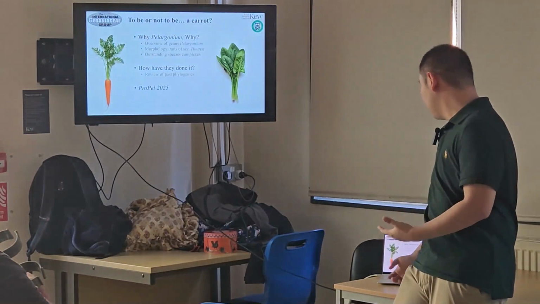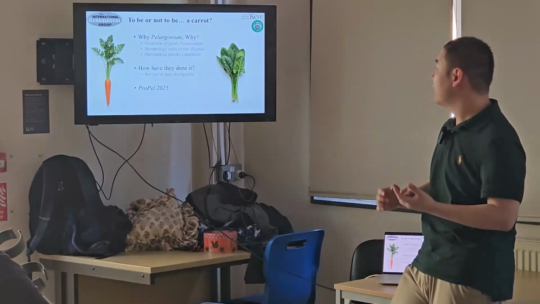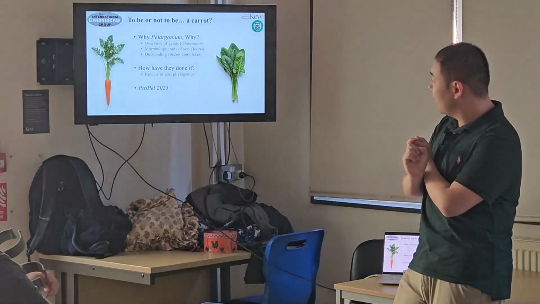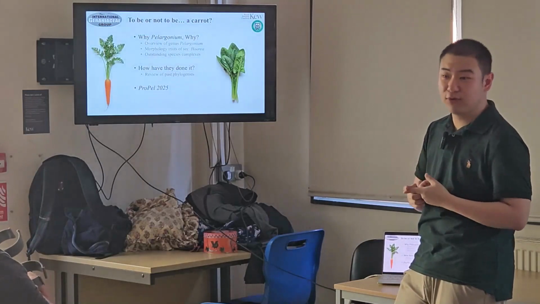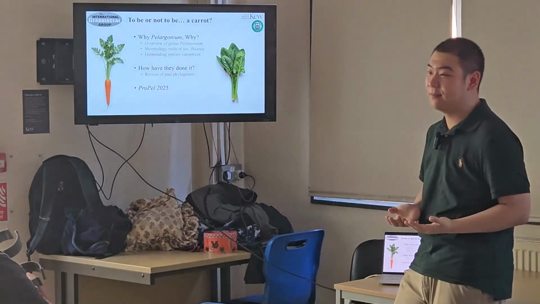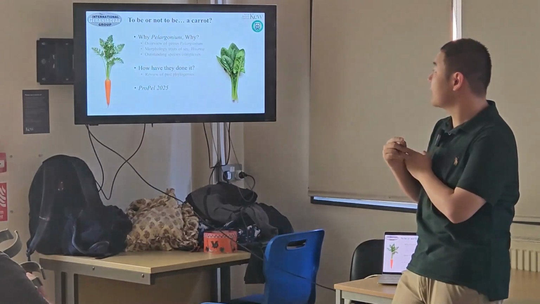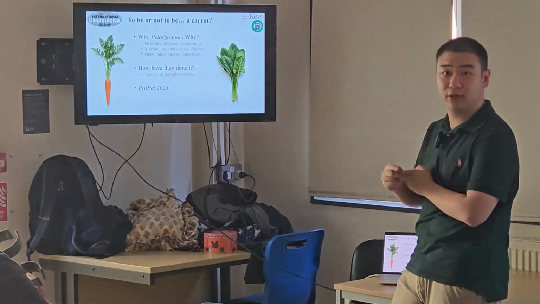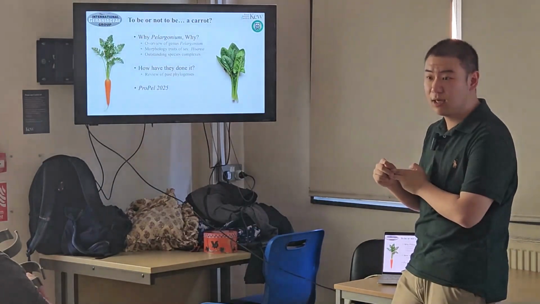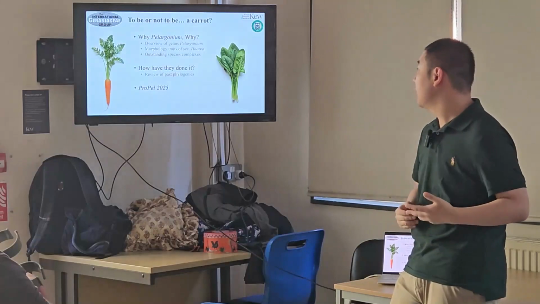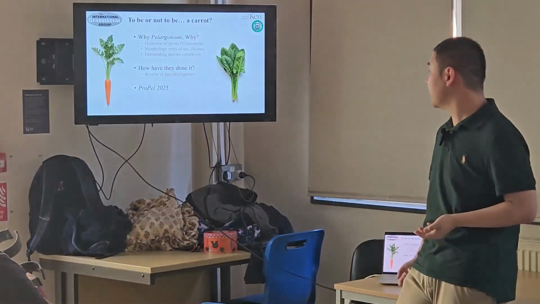So a little overview of what I'm going to be talking about. An overview of this Pelargonium genus, which I'm sure all of you will be very familiar with. The key morphology traits of Section Horea and why it is difficult for us to distinguish these species from a traditional point of view, and the outstanding species complexes.